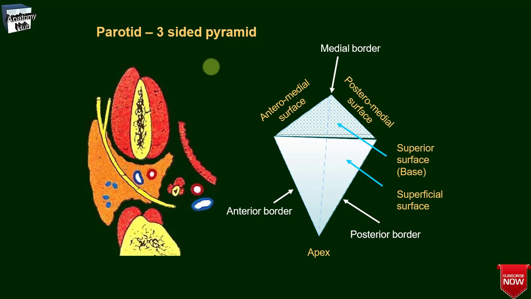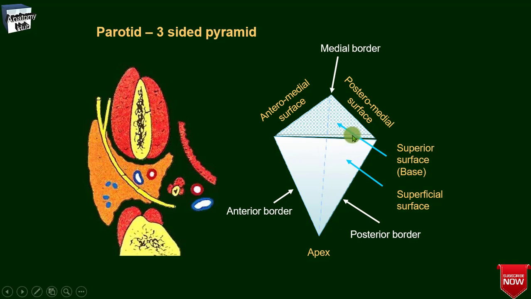Here you can observe the parotid gland, how the facial nerve divides into two branches, how the retromandibular vein forms, and how the external carotid artery divides into two branches, the superficial temporal artery and the maxillary artery.